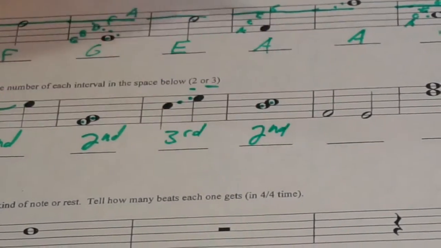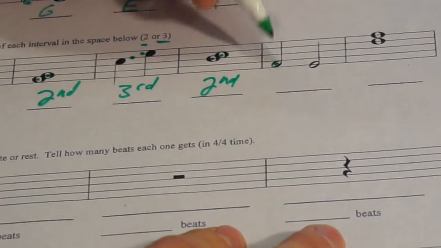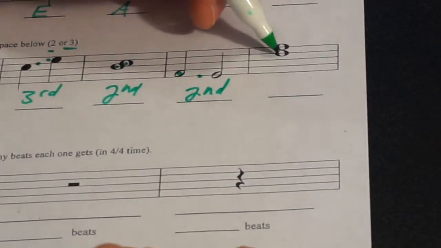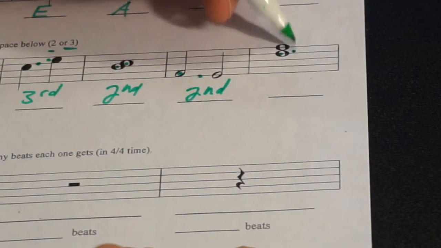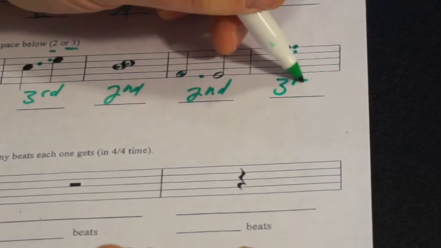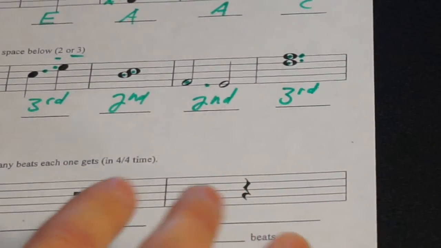There you go, that's a second. Oh, this one's going downward, so still we have 1, 2. So it's a second. Lastly, we have this one, 1, 2, 3, so it's a third. Notice that these are stacked on top of each other. They're still intervals. It doesn't change anything.